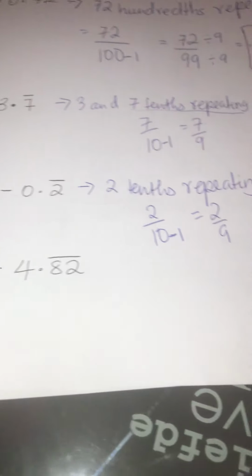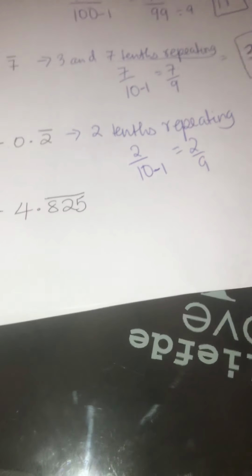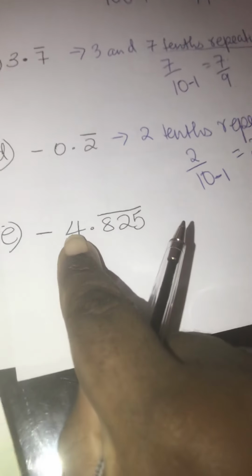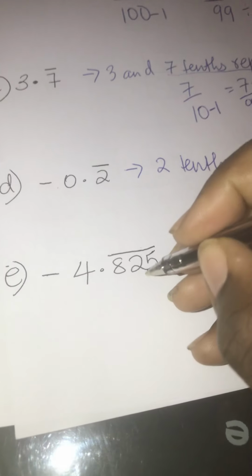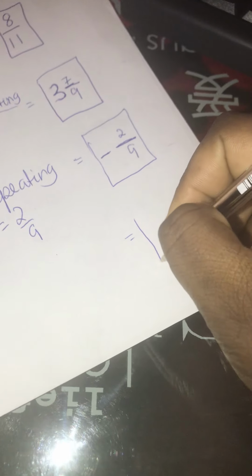All right. I should have done one where we have thousandths. Okay, let's add this. Let's make this 5. So now this is a negative, so I go to my box.